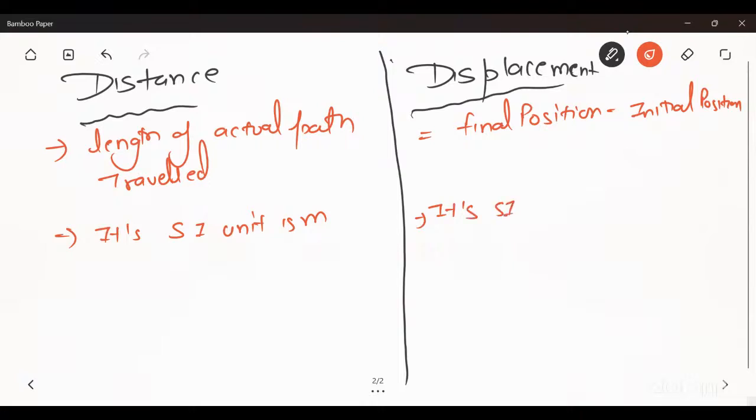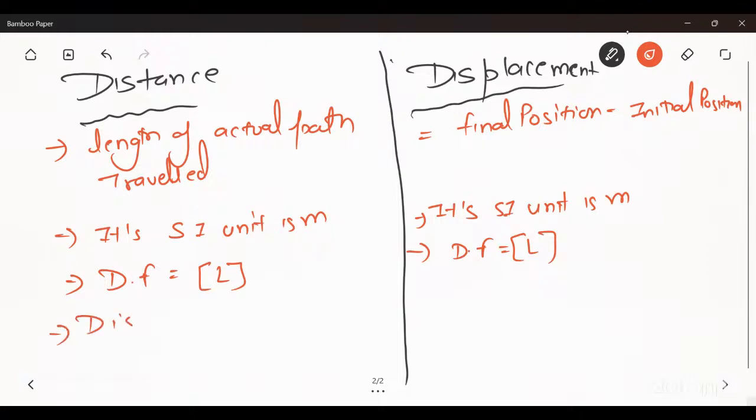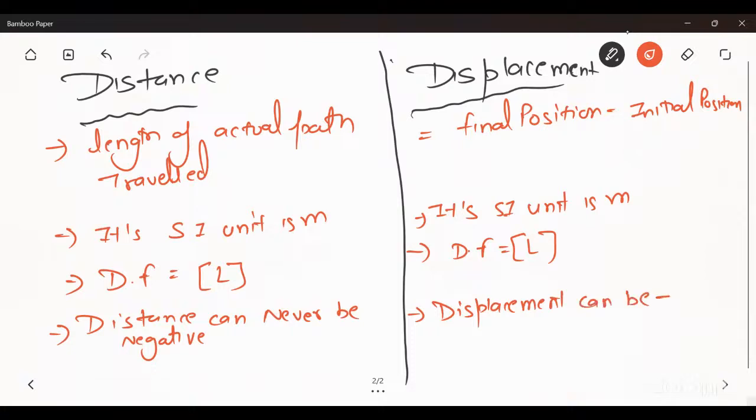The dimensional formula is L, and the dimensional formula of displacement is also L. Distance can never be negative. Displacement can be negative or zero.